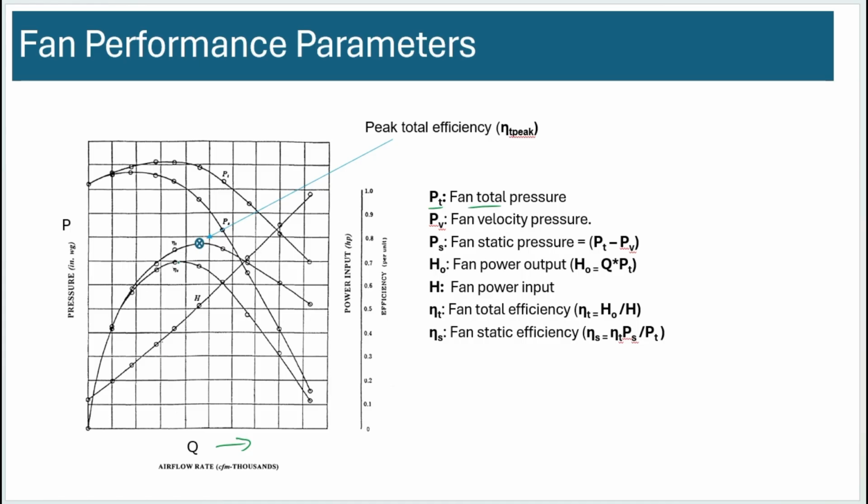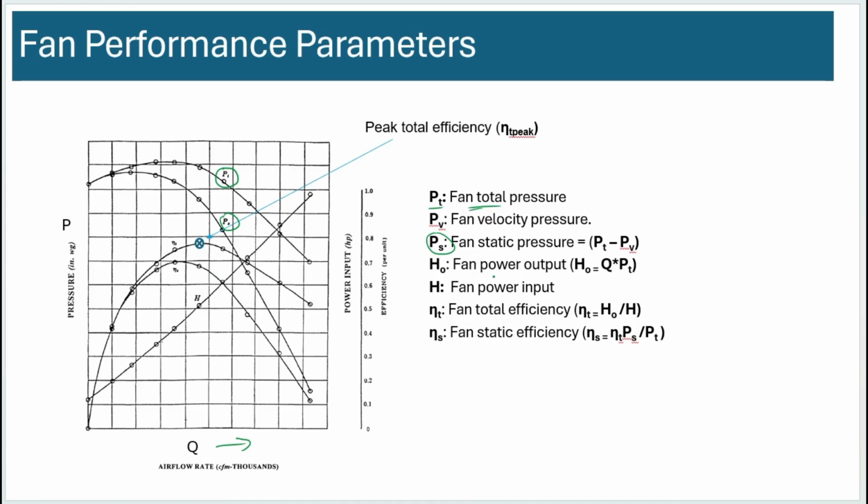The pressures are all on the left axis, the pressure axis. The fan total pressure, which is this guy here, is the highest pressure in this graph. The second is the static pressure, which is this guy. And then there's velocity pressure. It's probably not shown here. It's basically the difference between these two.